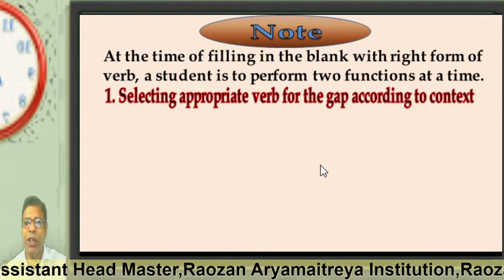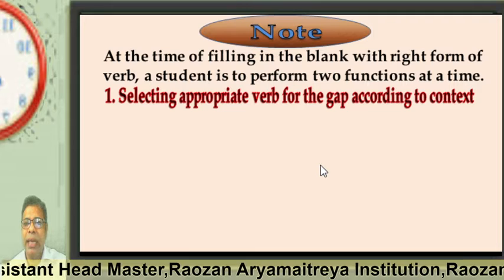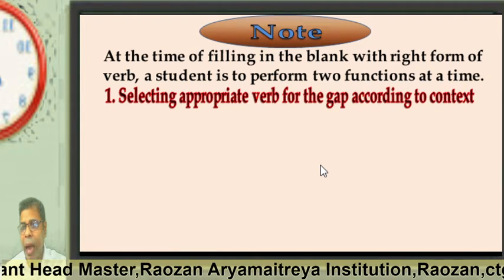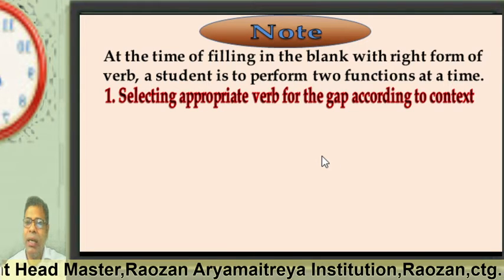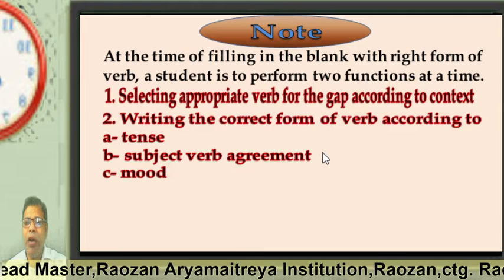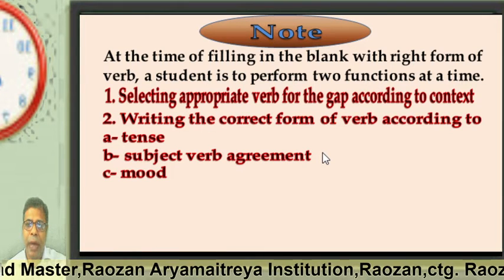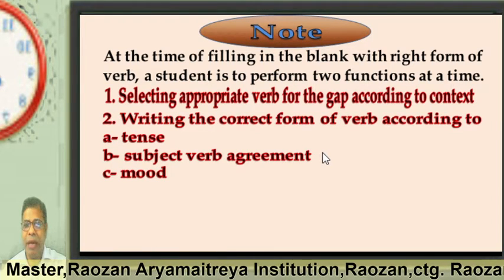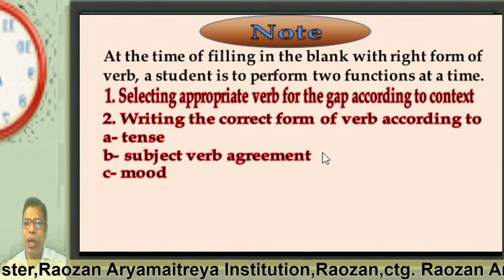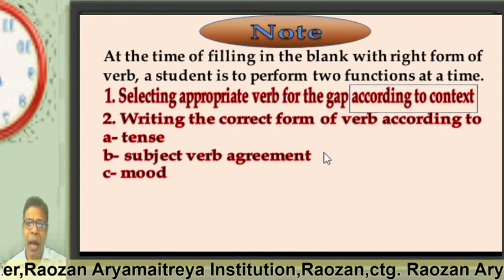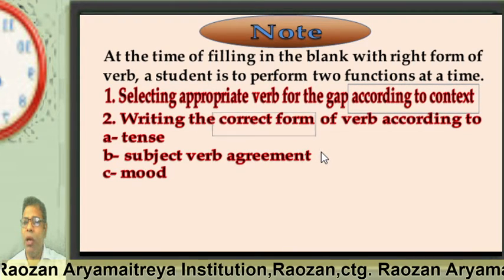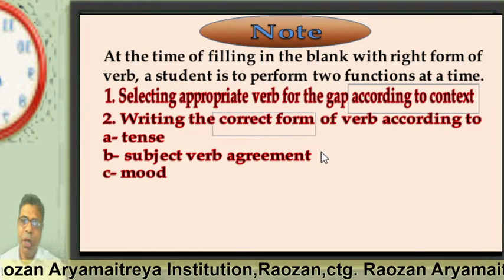Two functions. First one, selecting appropriate verb for the gap according to context. And second one is writing the correct form of verb according to tense, subject verb agreement and mood. One is according to context, another is correct form. Okay? Remember it, dear students.